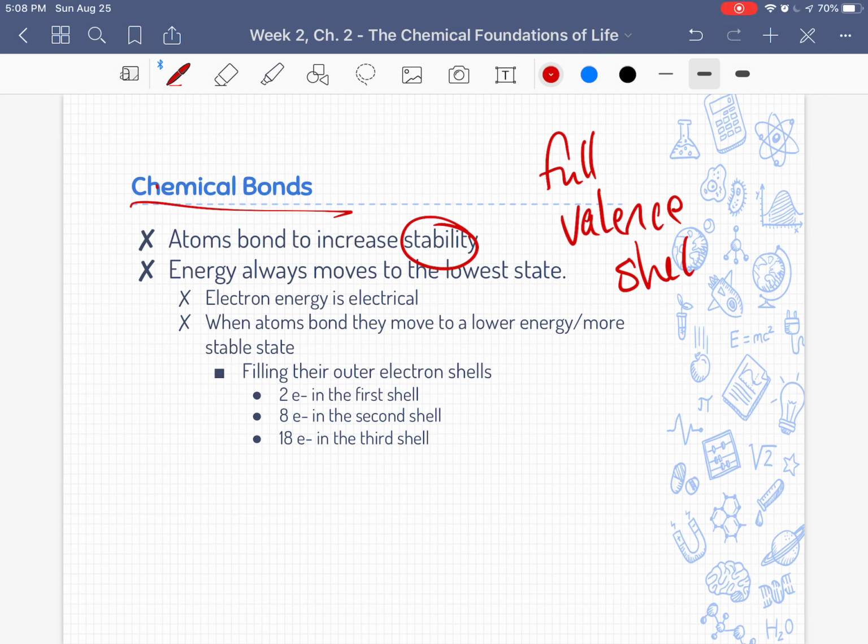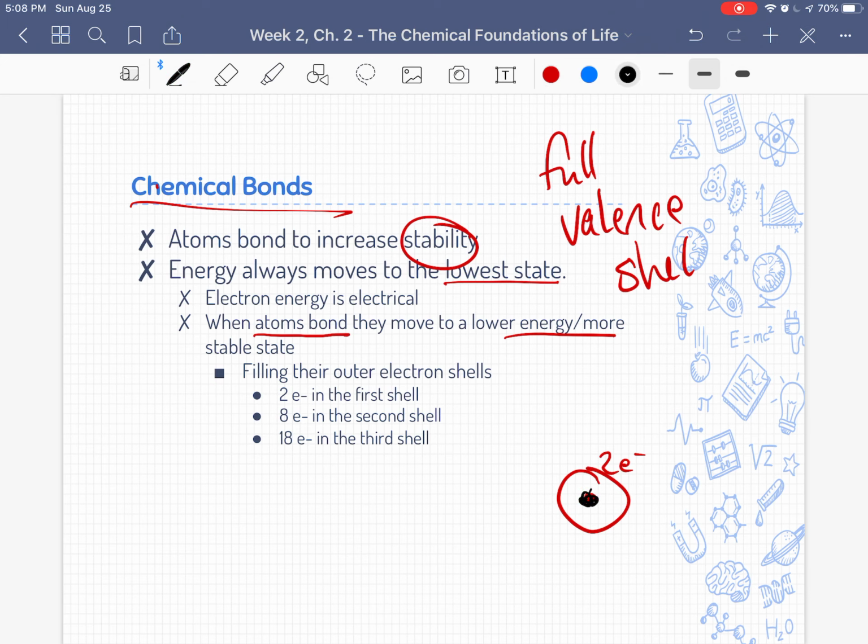When we talk about that, we're talking about the movement of electrons. Electrons are always moving, and when they are moving to their lowest state, they become less reactive. So when atoms are bonding together, they're literally moving those electrons to a more stable state. The first electron shell will have 2 electrons. Let's call this our nucleus right here.